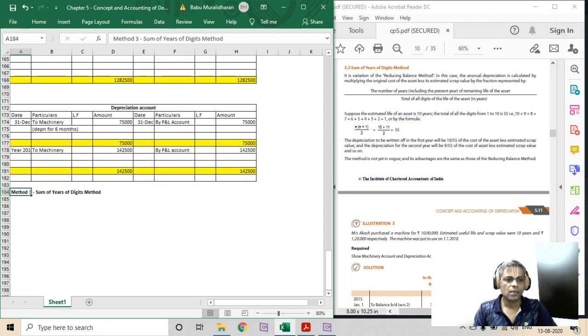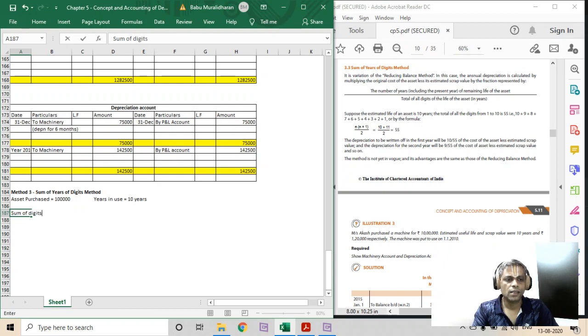We purchase an asset for say 10 lakhs, 1 lakh. Years in use is equal to 10 years. Sum of digits method works like this.